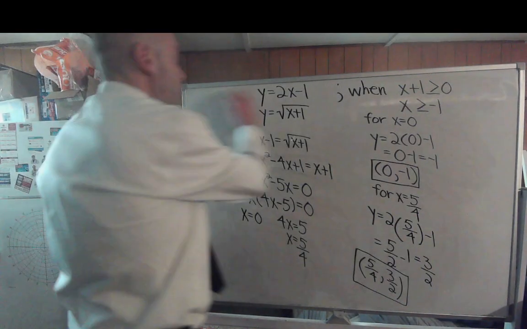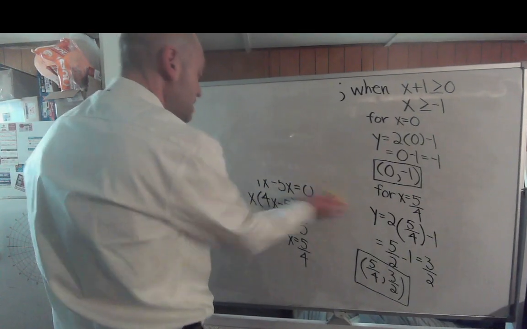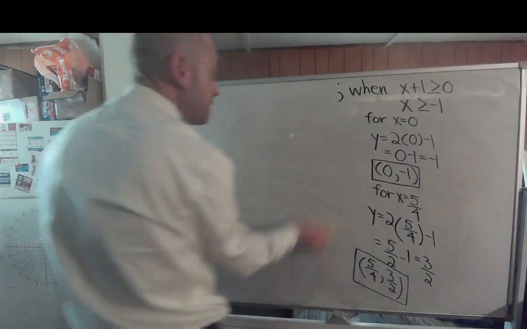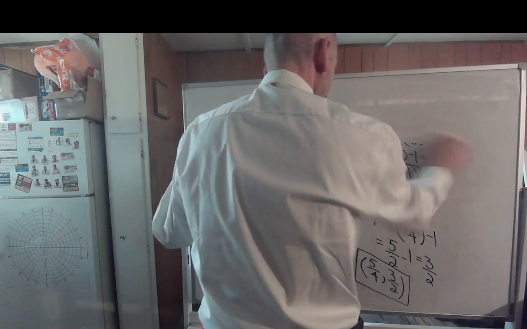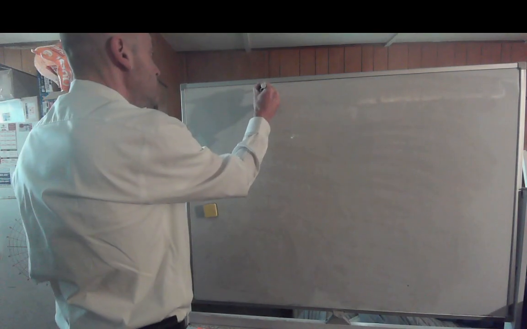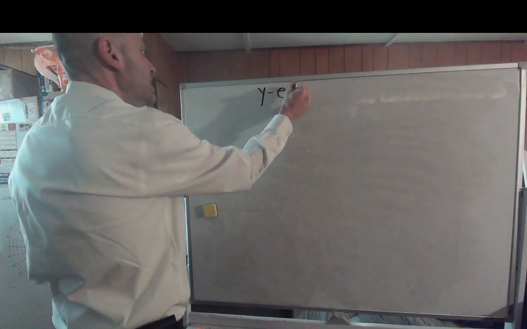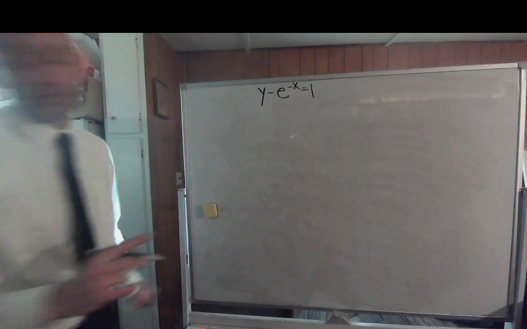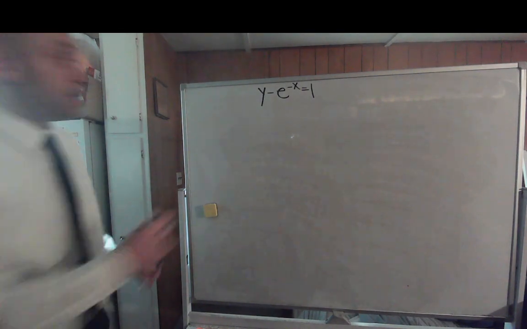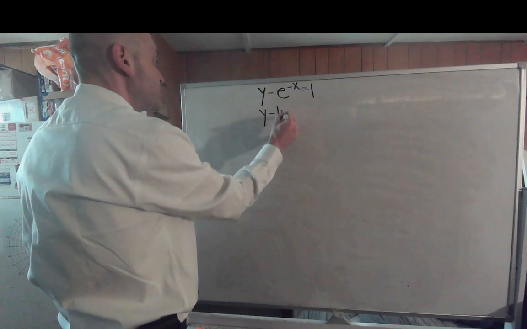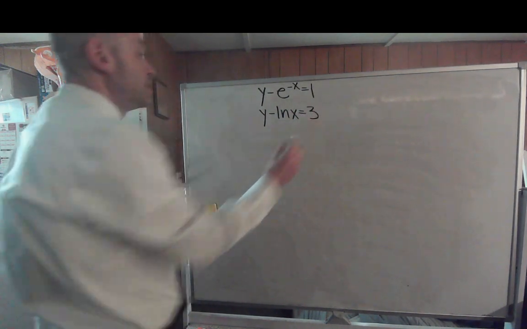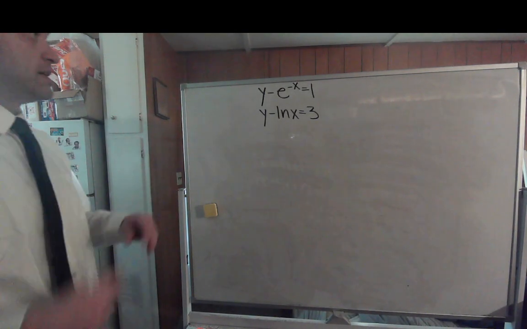Now, let me throw a couple at you here that are going to be interesting. What if you had something like y minus e to the -x equals 1, and then y minus the natural log of x equals 3. Very interesting, huh?